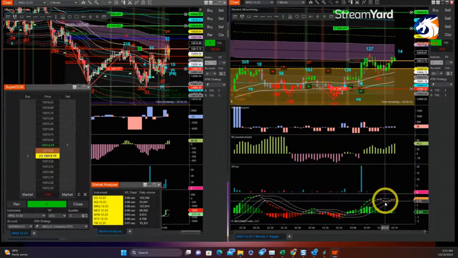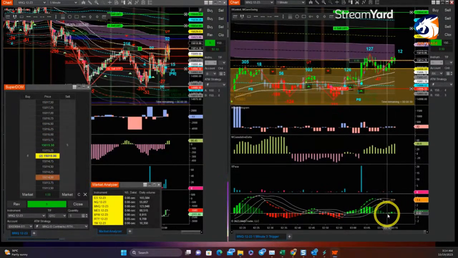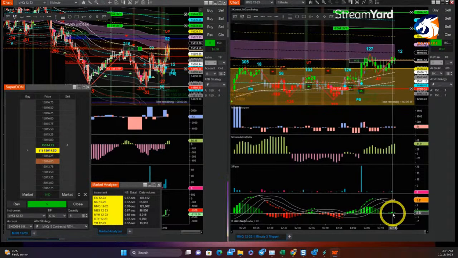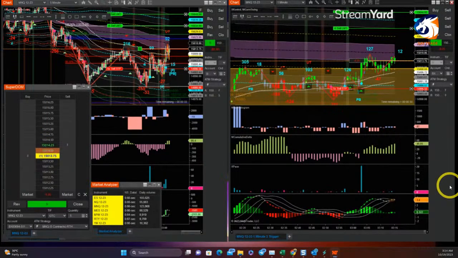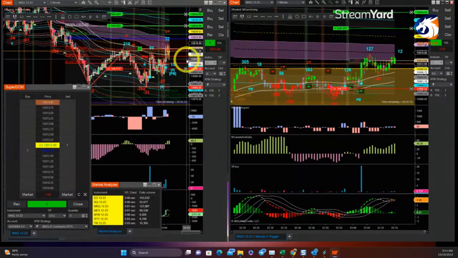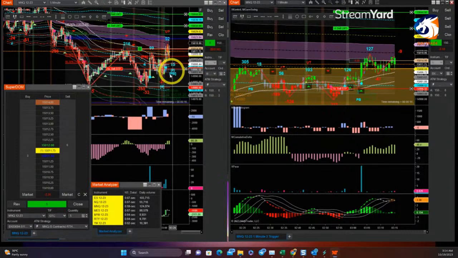So with this, you can see there's a squeeze going on here, but we're looking at the histogram here. It's kind of going up, increasing as well. Same thing with this. Just waiting for that push. In the 5 minute, we have a triple algo, buying imbalance, stooges, and a pullback to the upside.